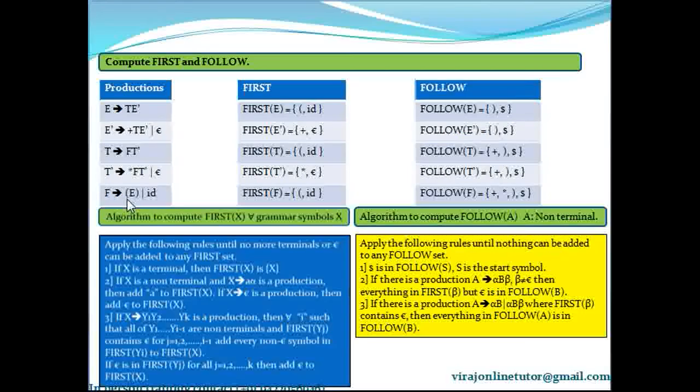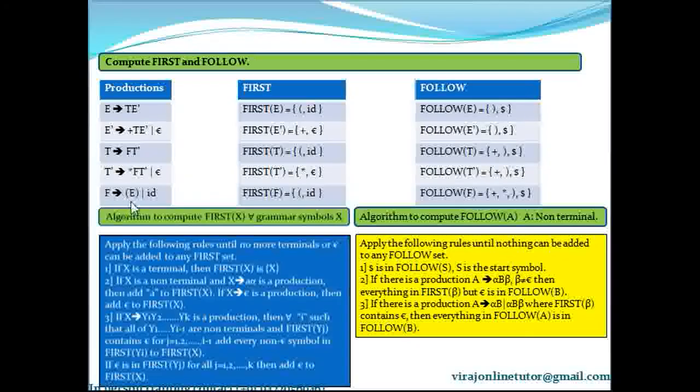If first of y2 contains epsilon, then only you compute first of y3, and you keep on going ahead. You stop when first of particular y does not contain epsilon in it. If first of all y's on the right hand side contain epsilon in it, only then you add epsilon to first of left hand side. That's what I had explained, right?